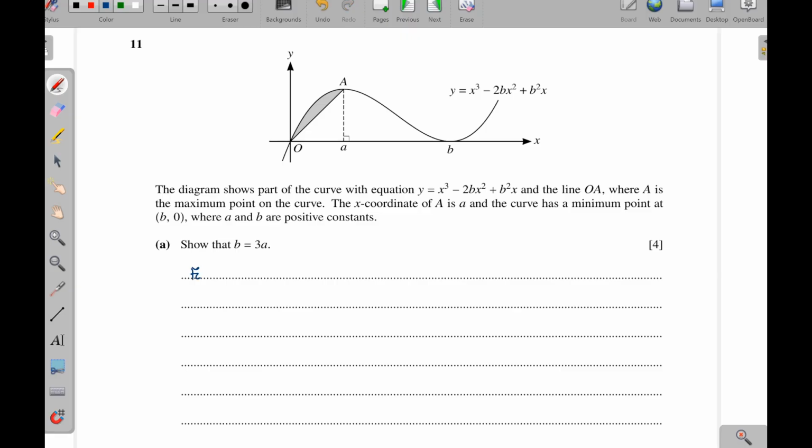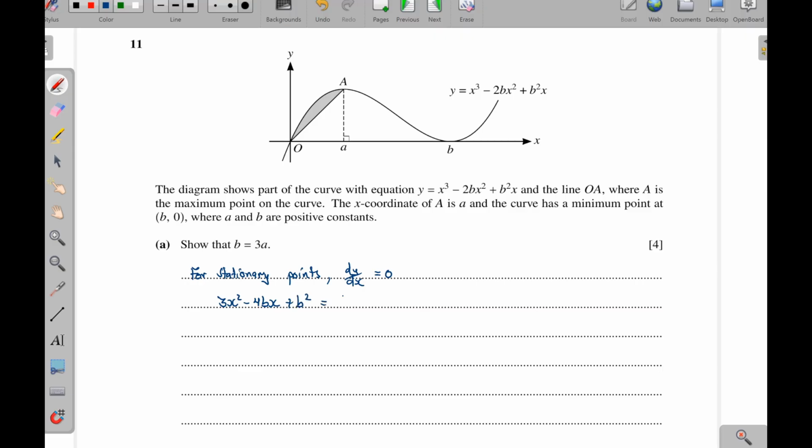Now we know that for stationary points, dy/dx is equal to 0. So this is our y here, and then dy/dx is going to be 3x squared minus 4bx plus b squared.